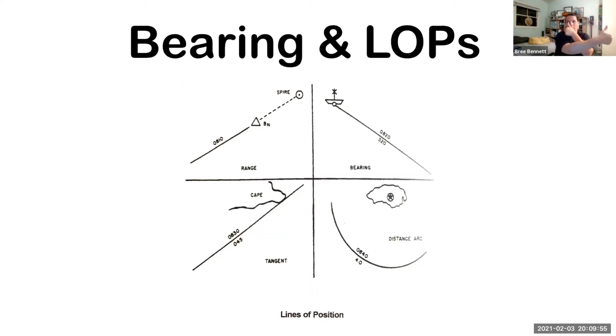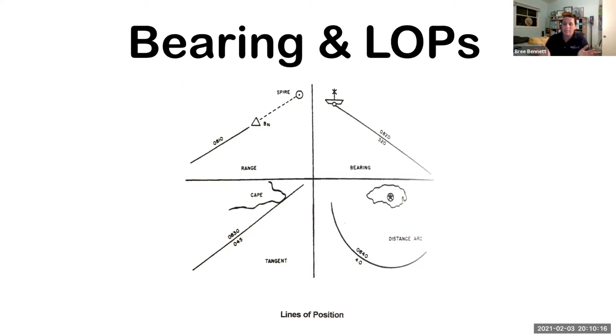As you're moving along, two things will have a bearing shift to one another. If they're exactly in line, the name for that is a visual range.